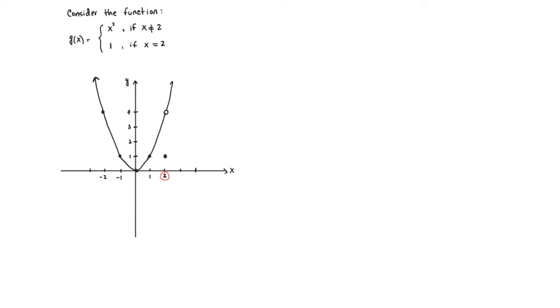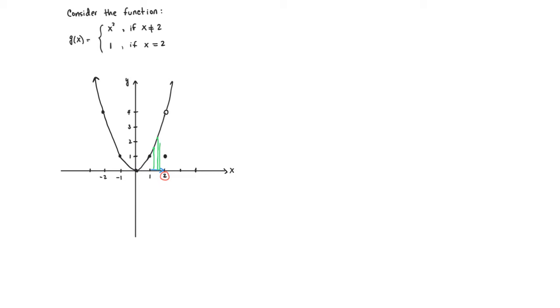So for example, when x is approaching 2 from the left, I notice that the y values of the function lie on the parabola. Then, when x gets even closer to 2, the y values are climbing a little bit higher up.